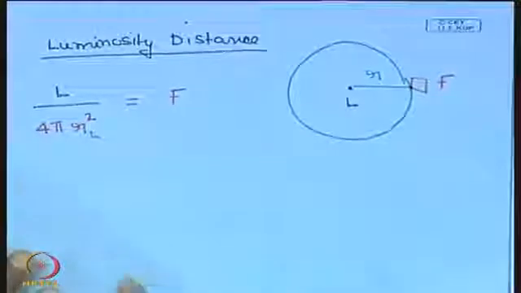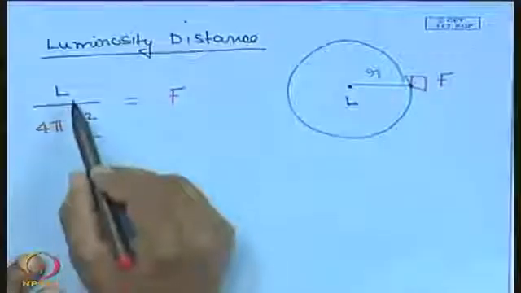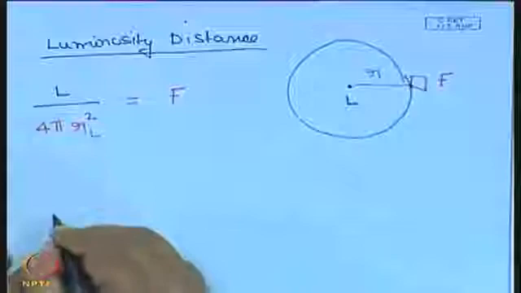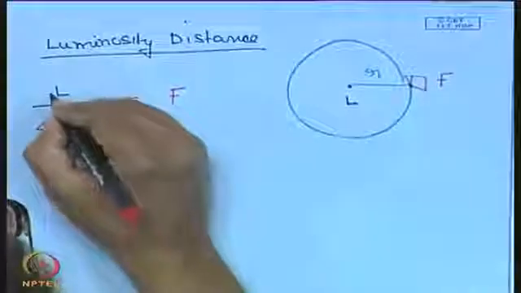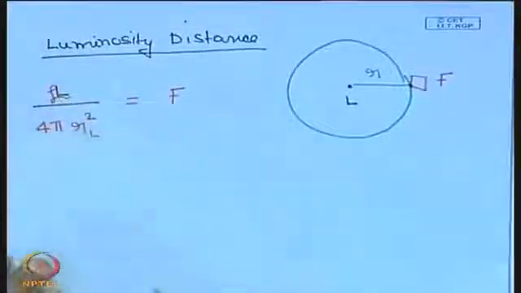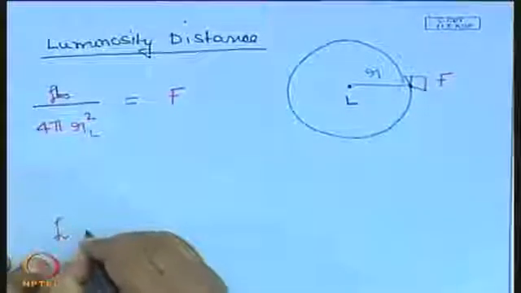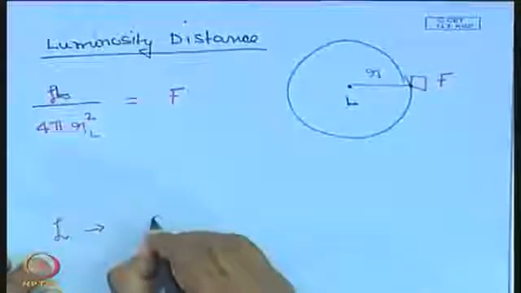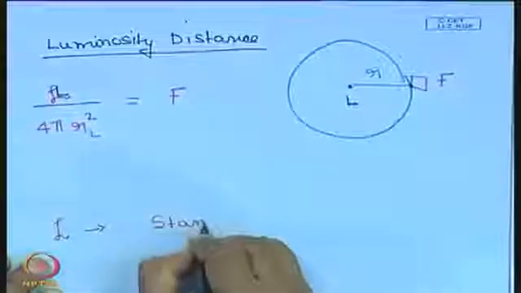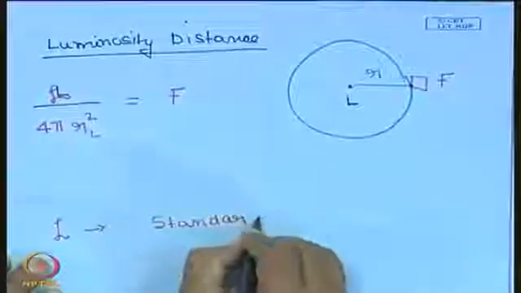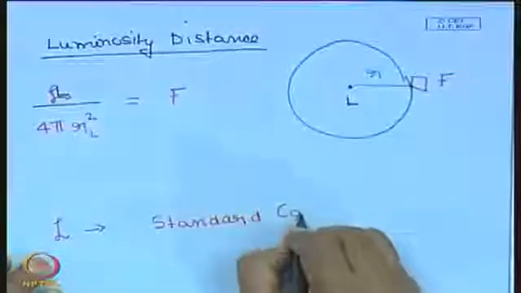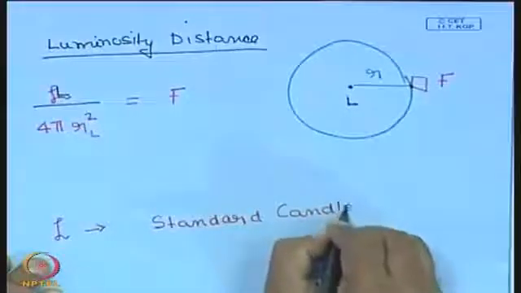Essentially, if you know the luminosity... let us put a different sign here, otherwise I will be confused with the length scale that we have introduced. There are certain objects whose luminosity is known, these are called standard candles. Like a 100-watt bulb.